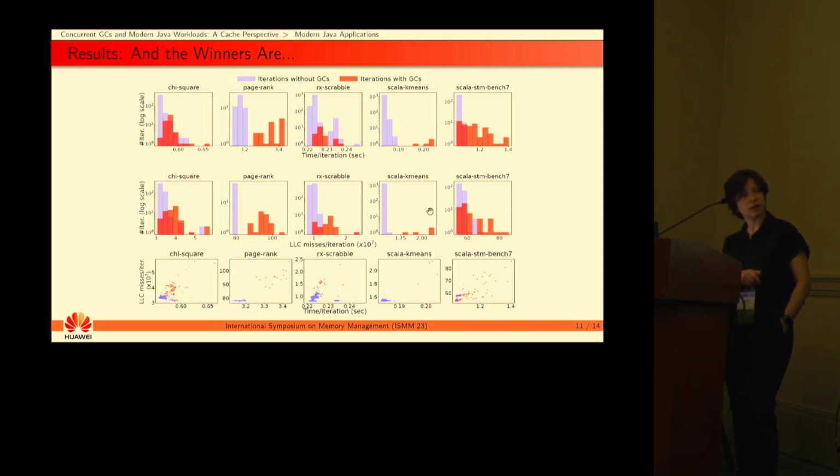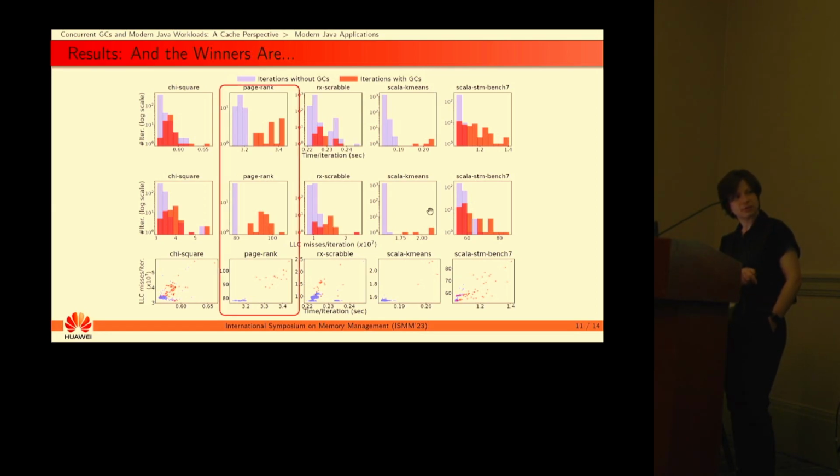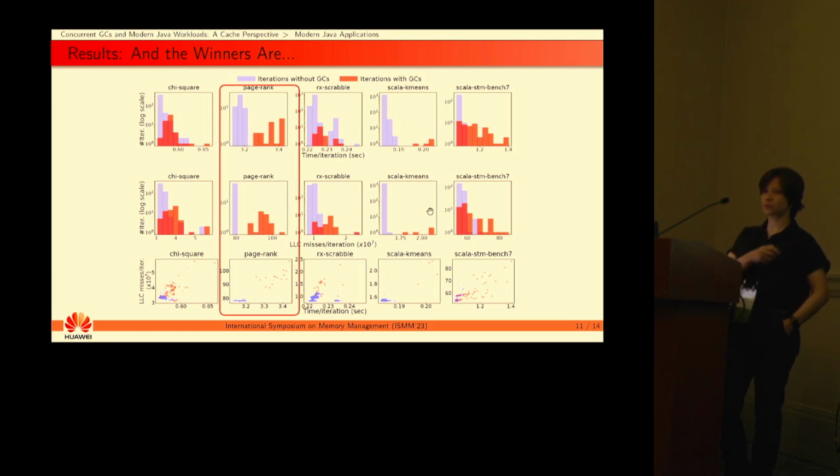So we have these graphs where we show LLC misses and execution time together. You can clearly see how clusters form; for example, for PageRank, very well-defined clusters form, separate for the 2 types of iterations.